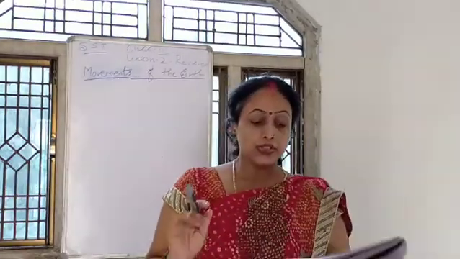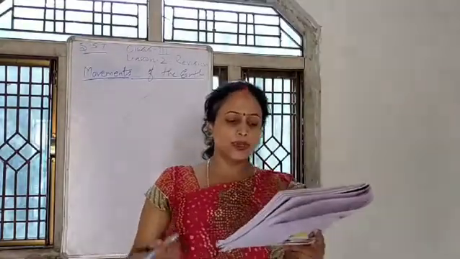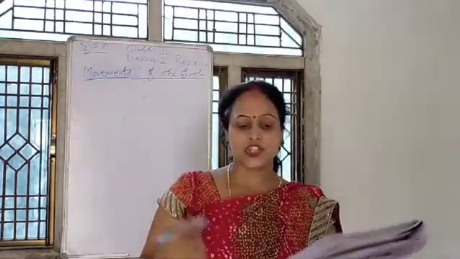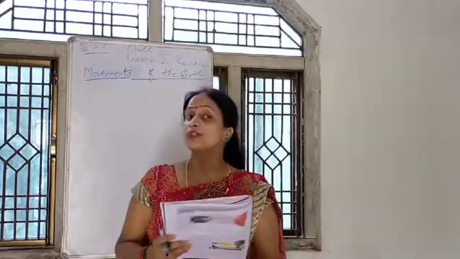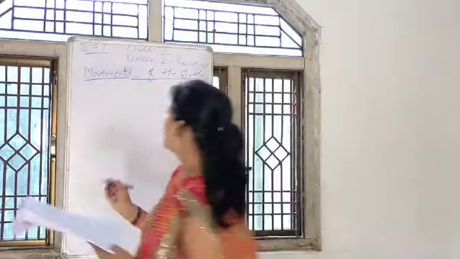Here we will revise the fill in the blanks. The two movements of the earth are dash and dash. What are the two movements of the earth? Dash and dash means rotation and revolution.